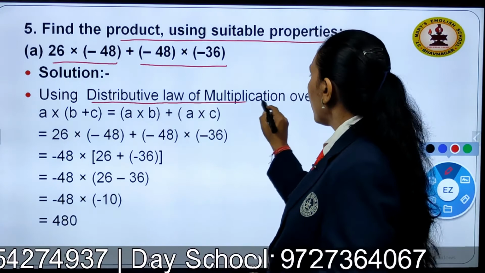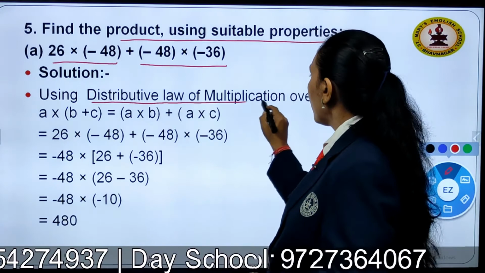Now children, the next one I have is 15 multiplied by minus 25 multiplied by minus 4 multiplied by minus 10. Here I have used the commutative property of multiplication, which means changing the order of the given integers, right? Now I will change the order, or multiply the numbers such that I have a convenient way of calculation.